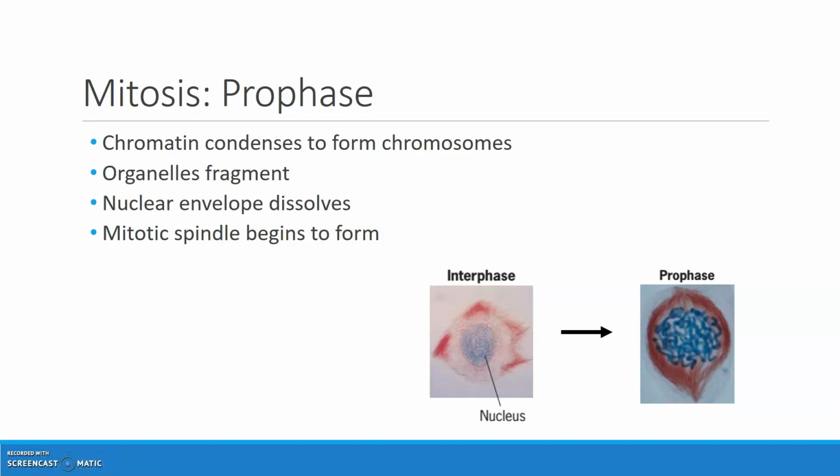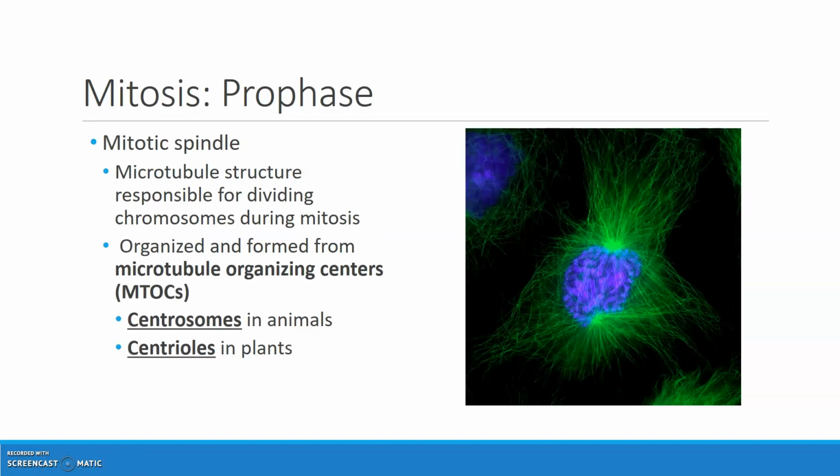And the mitotic spindle is an important structure that will ultimately divide these chromosomes later in mitosis. The mitotic spindle is a structure made out of the cytoskeletal elements, particularly microtubules, and it's responsible for dividing chromosomes during mitosis. And so you can see here a cell whose chromosomes are labeled in blue and whose mitotic spindle is green.